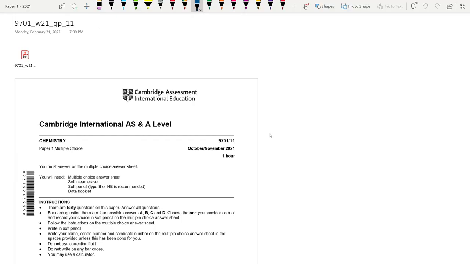The threshold for this variant was like this: A was at 22, B was at 18, C was at 15, D was at 13, and E was at 11. So you guys need to understand that this took place during COVID, so everyone's prep wasn't up to the mark. That's why the threshold was devastatingly low.